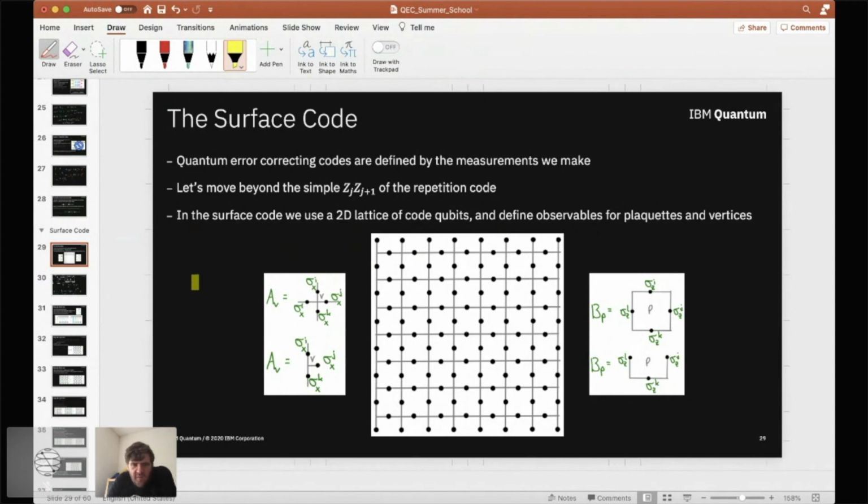However, to understand what's going on, so that we can see what kind of states are generated when we measure these things, we're going to imagine a surface code that only has this kind of measurement, and see what that can be used for. It can't be used to store a qubit, but we're going to look at it anyway.